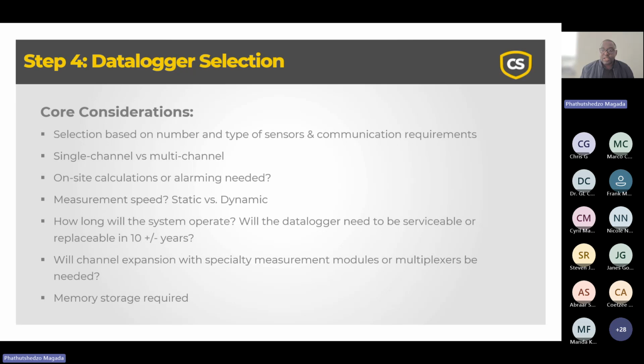This can support a wide range of sensors. We also need to determine whether there's going to be a static or dynamic measurement. So how long will the system operate? All this needs to be considered when you are choosing the data logger.